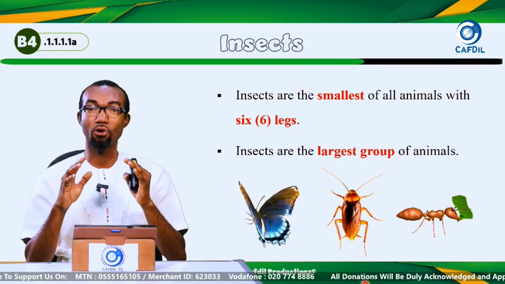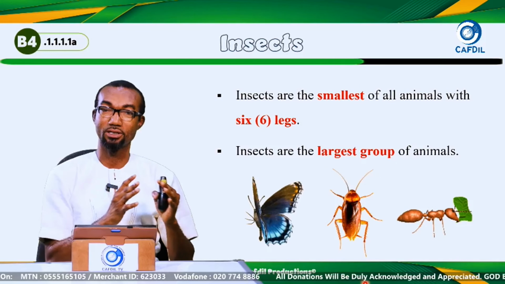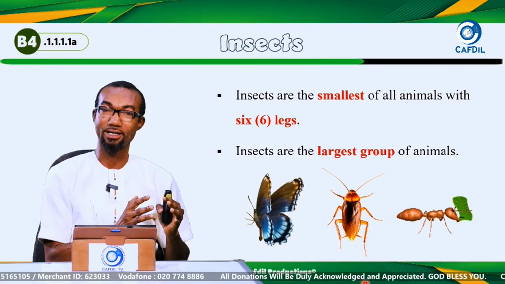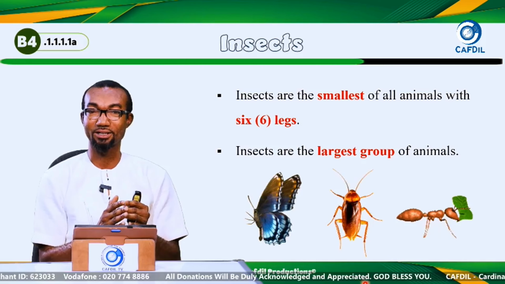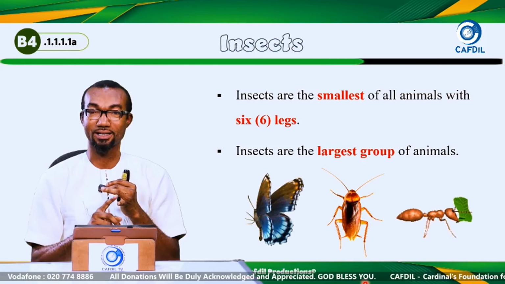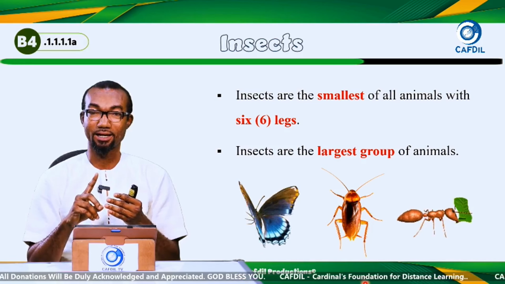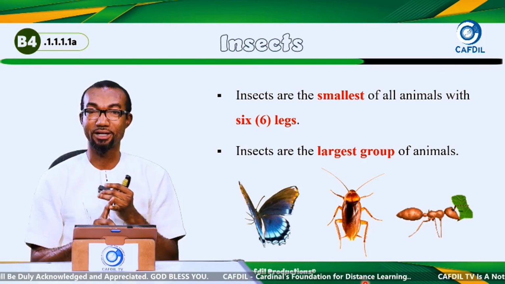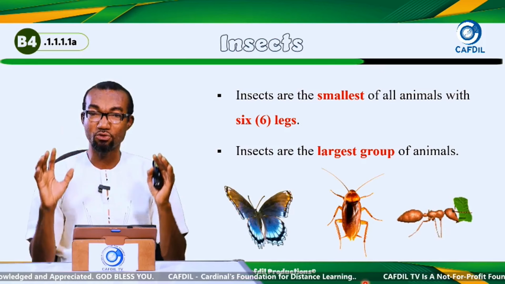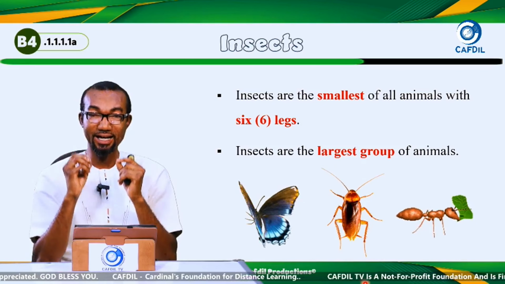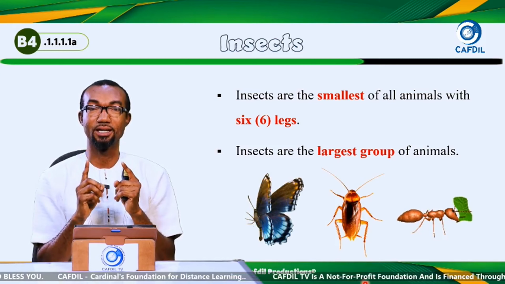And in grouping all animals, as we saw at the beginning of the lesson, you'll be able to classify animals as insects, as birds, as mammals, as amphibians and reptiles. If you look at all these groups of animals, the largest of them is the insect.